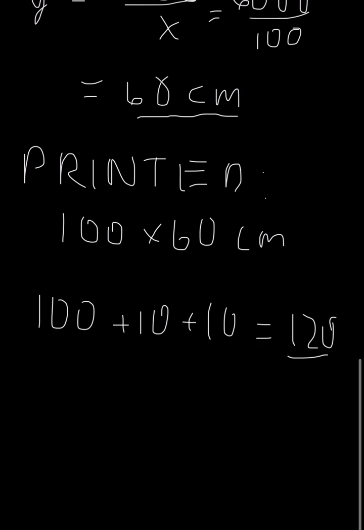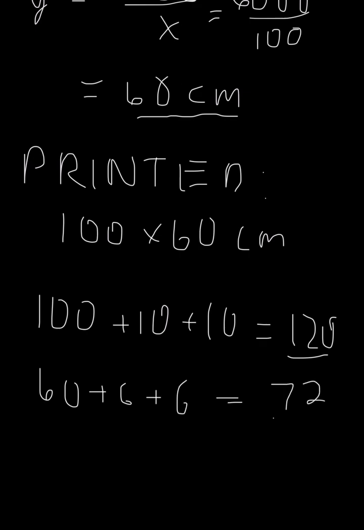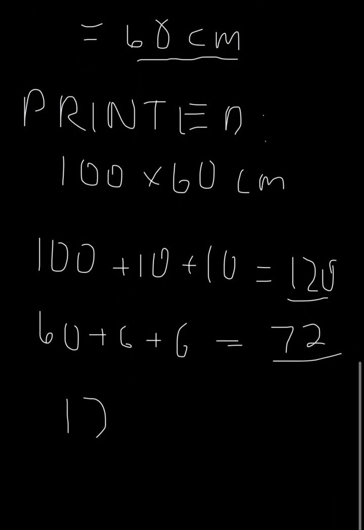That's our dimension for length, in this case x. And for width, we're just going to add 6 and 6 to y. So 60 plus 6 is equal to 72. So we know that our final dimensions are 120 by 72 centimeters.